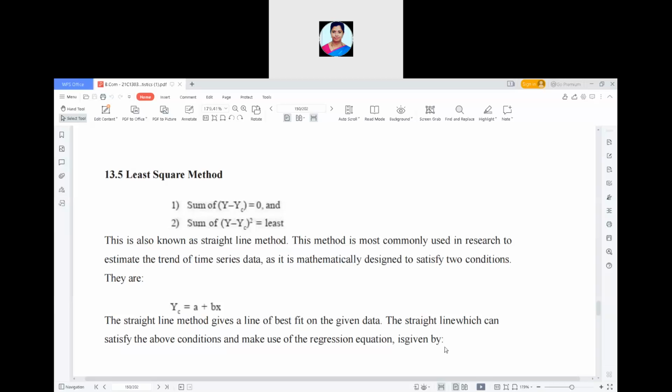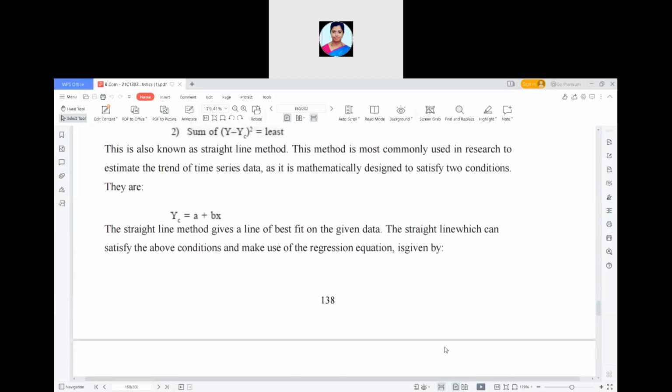A is nothing but the y-intercept, the computed trend value of y when x equal to 0, and b represents the slope of the trend line, or the amount of change in the y variable that is associated with a change of one unit in the x variable. The x variable in time series analysis represents time. So here we have a basic formula for finding the equation of trend.